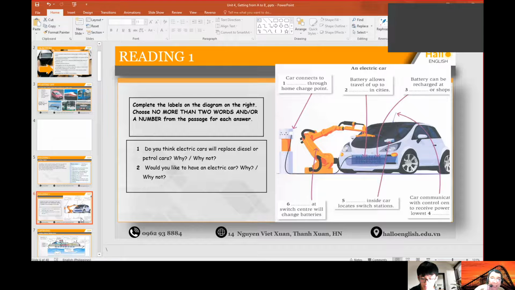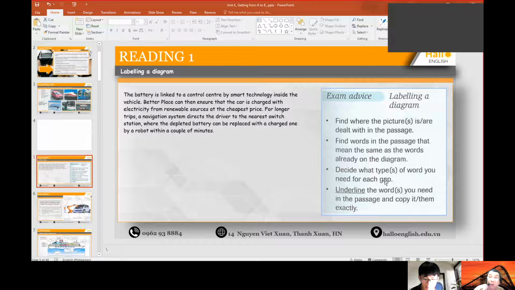So all you need to do is you need to decide what type of word. Okay? There are a lot of words. Eight parts of speech. We have the noun, we have the pronoun. Nouns are words. Pronouns are words. Verbs are words, adjectives are words, prepositions are words, and so on and so forth. So all those are words. So if you don't know how to identify them, it's hard for you to fill in the missing gap.